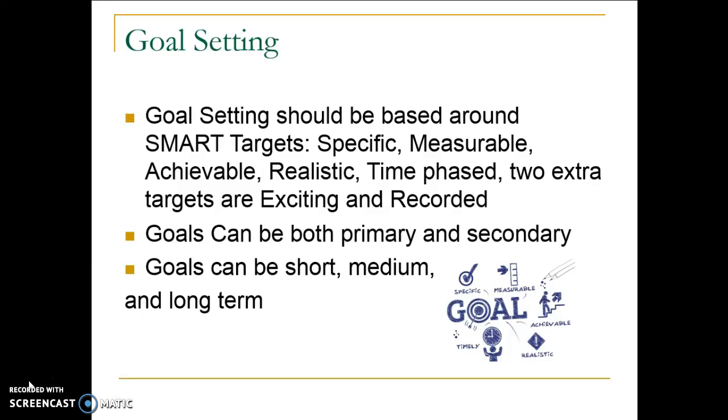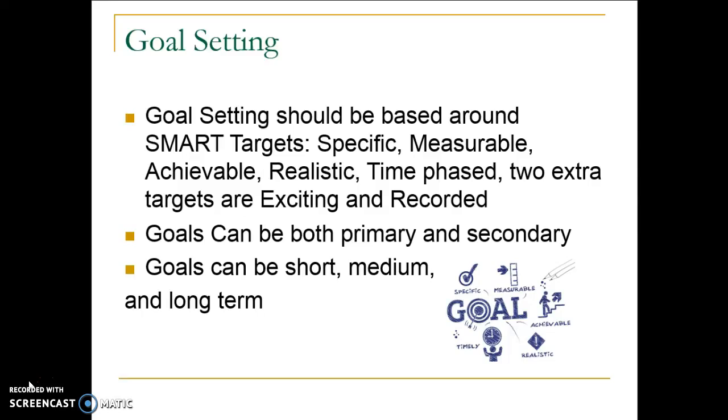Two extra targets, which could be included to make SMARTER targets, are exciting. So ensuring that the goal doesn't get boring, possibly repetitive, so that it's an exciting goal to move towards. And recorded, so you can record how well you are working towards this goal.